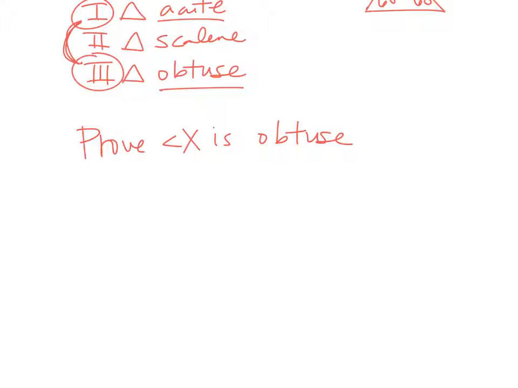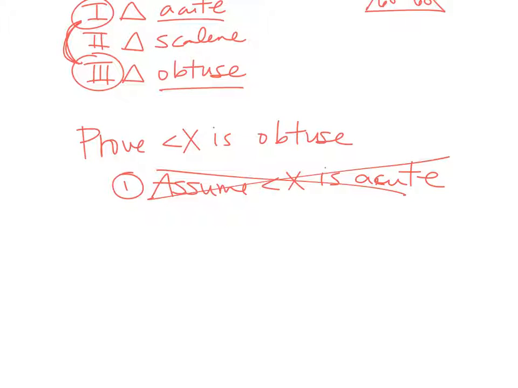So if I said for my first step, assume angle X is acute. It could be right, right? It could be, it's not covering every possible option. So you don't want to say this. You want to say what instead? It's not obtuse. Okay, that means it could be anything else, but it's not obtuse. So assume angle X is not obtuse. Don't say assume it's acute. Don't just pick a different type of triangle there.